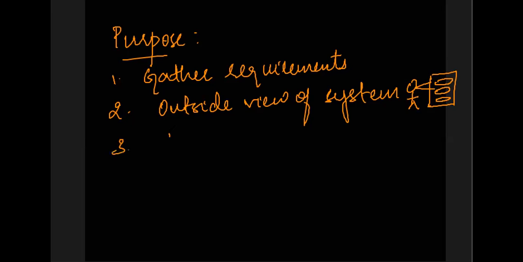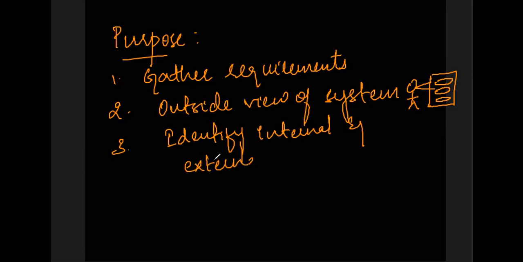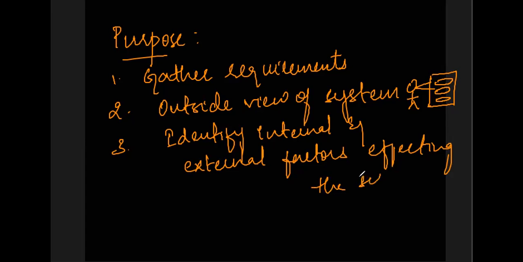Then you also get to know that you can identify the internal and external factors that affect the system, or that are affecting the system. And then you know how the interactions are taking place.